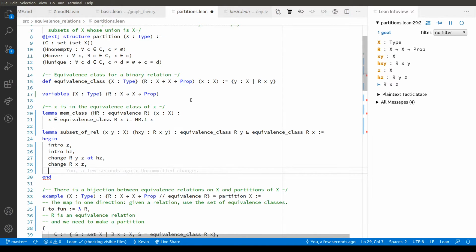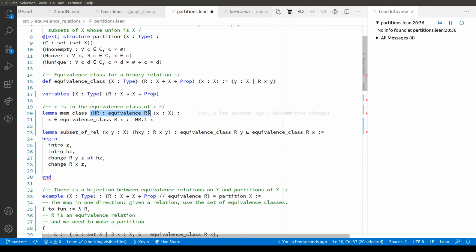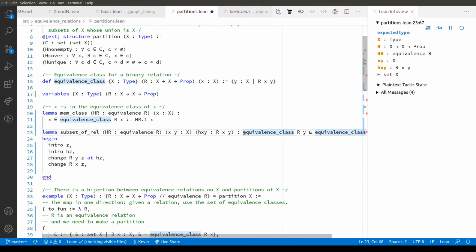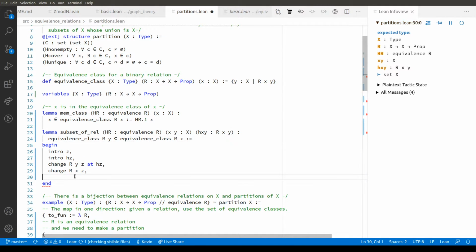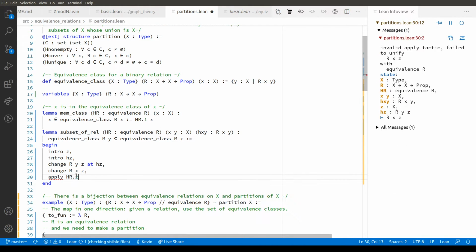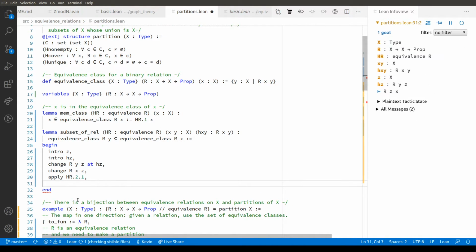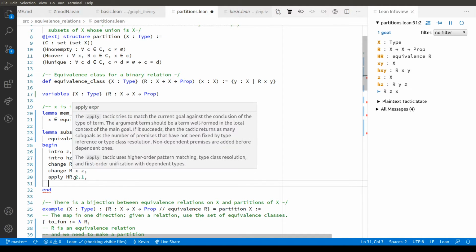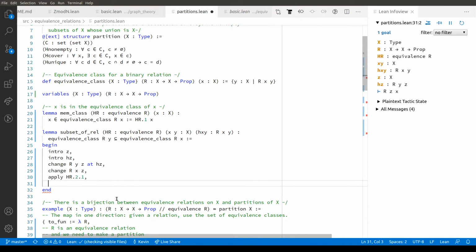Oh, so this lemma isn't true, ha ha, because I never assumed that the relation was an equivalence relation. So let's add in the assumption that the relation is an equivalence relation there. And now that's going to be apply hR.2.1, right? There we go. So hR.1 is a proof that it's reflexive. hR.2 is the proof that it's symmetric and transitive.